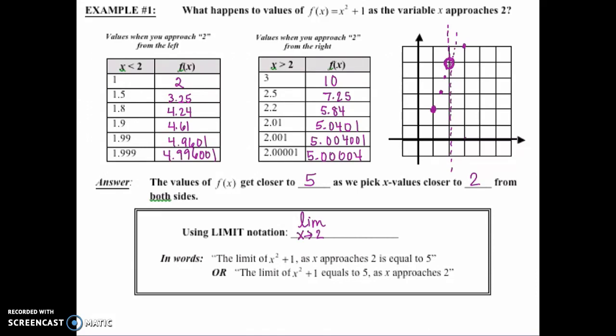So the limit as x approaches 2 of our function, x squared plus 1. Sometimes if the function is rather big, you'll see people put it in parentheses or brackets. It doesn't really matter. So the limit as x approaches 2 of x squared plus 1 equals 5. Okay?